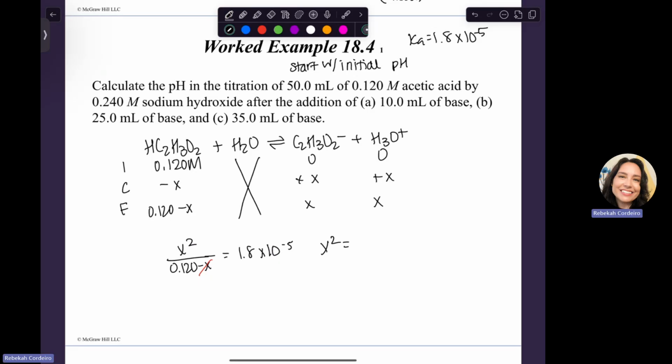Let's say x squared is equal to 1.8 times 10 to the negative 5 times 0.12, which is 2.16 times 10 to the negative 6. Take the square root.